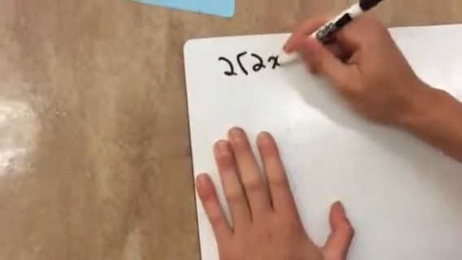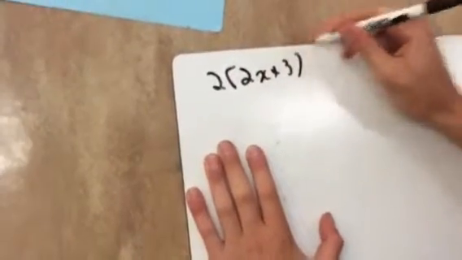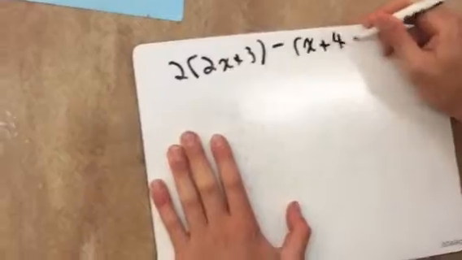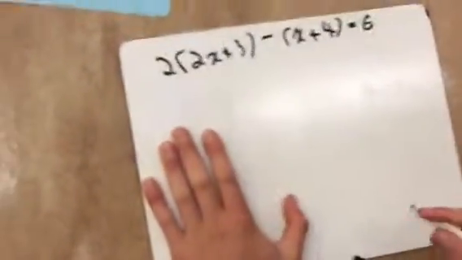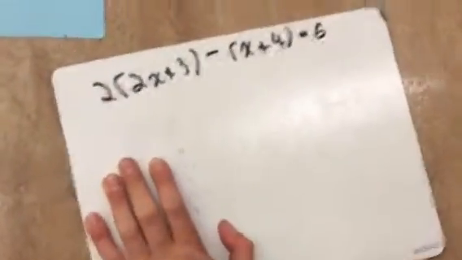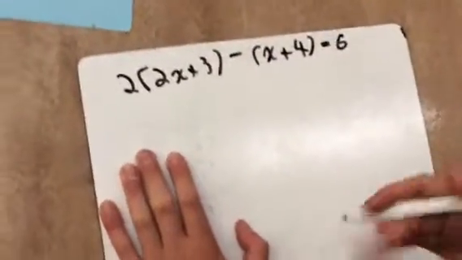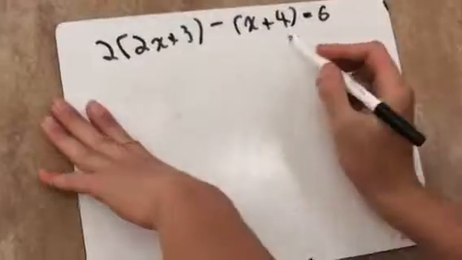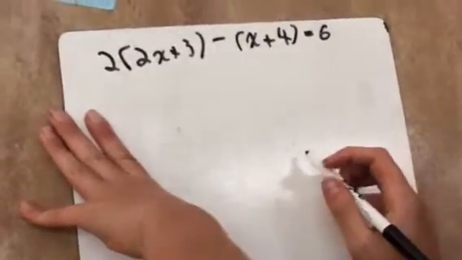Okay, 2 times 2x plus 3 in parentheses minus x plus 4 in parentheses equals 6. Okay, so this is a complex multi-step equation in which you have 2 groups of parentheses that you'll need to be distributing twice.